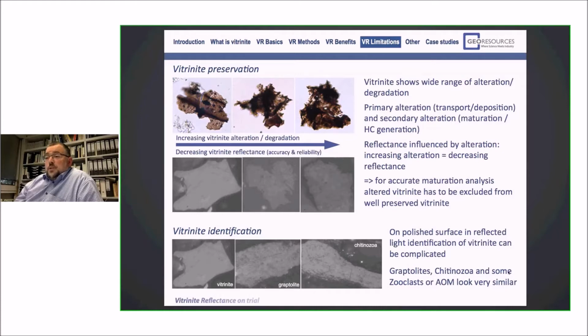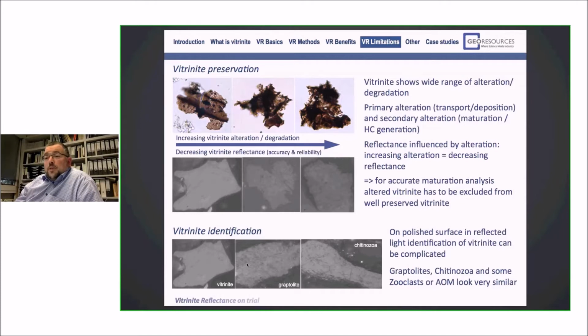And graptolites, chitinozoa, some other zooclasts, and also sometimes amorphous organic material can look very similar to vitrinite. So this needs some experience and needs careful investigation to make sure that we only analyze vitrinite and not other organic matter particles that we have in our sample.